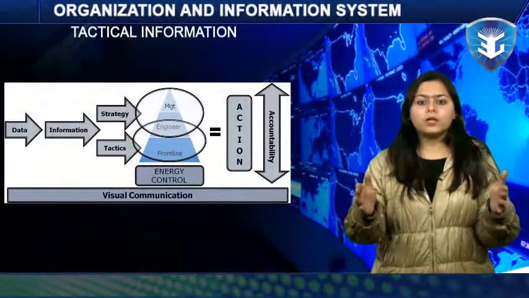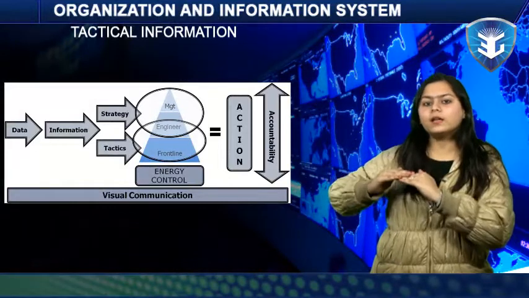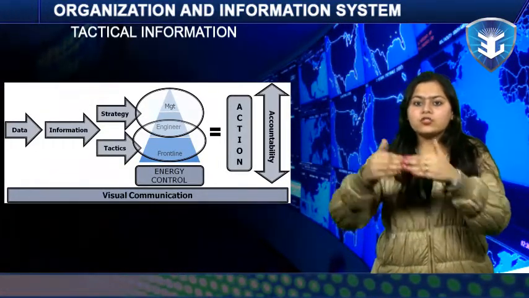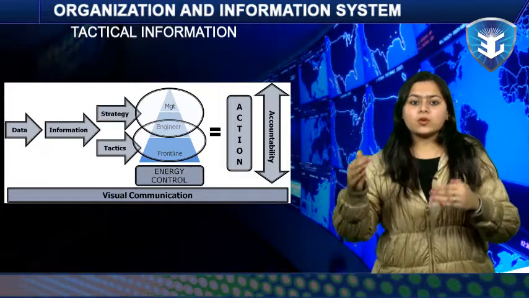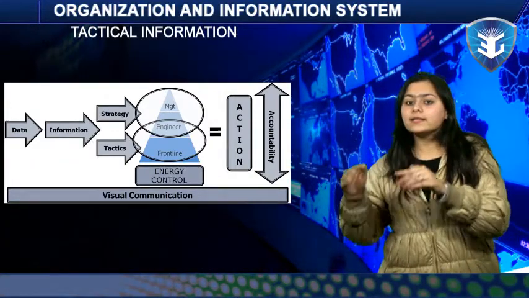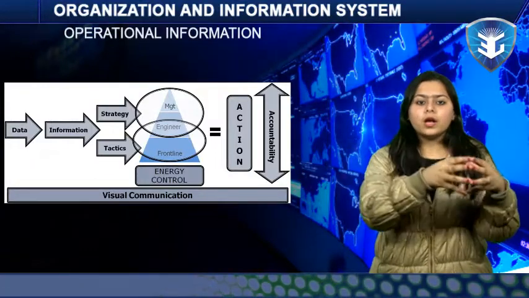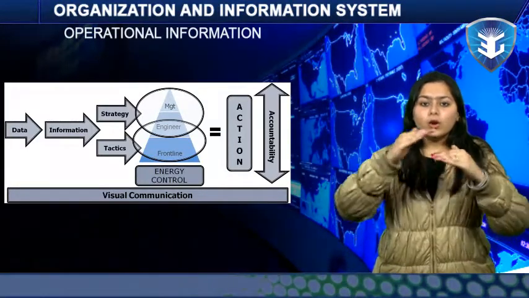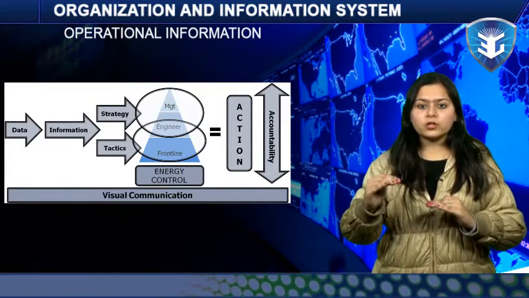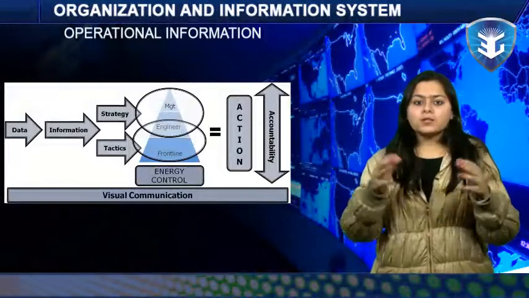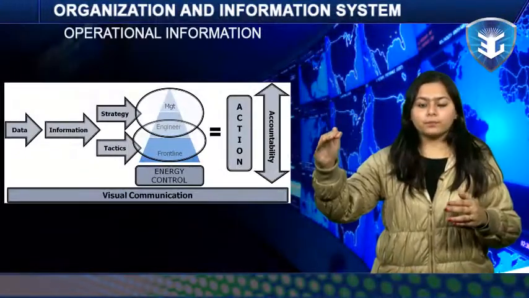The next level down is the tactical level, and tactical planning and decision making takes place within the guidelines set by the strategic plan. Operational information. The lowest level is operational, and operational planning takes place based on tactical planning.